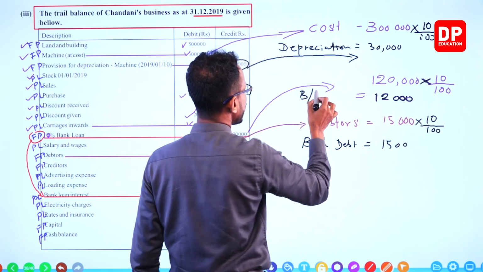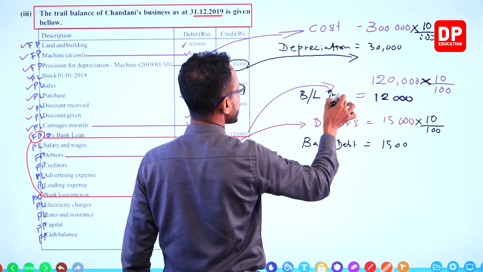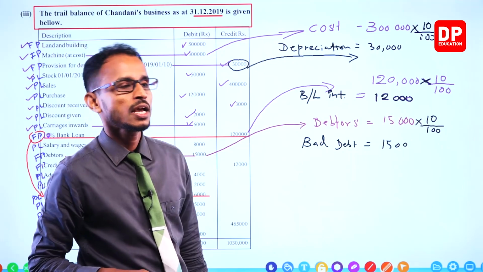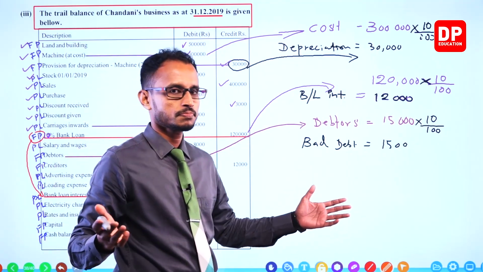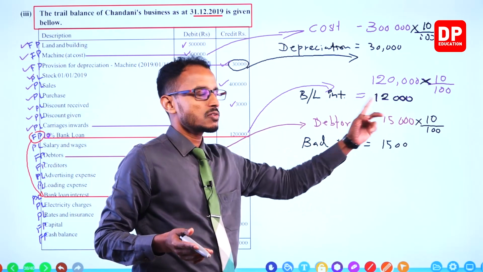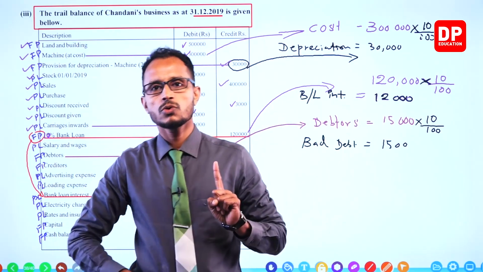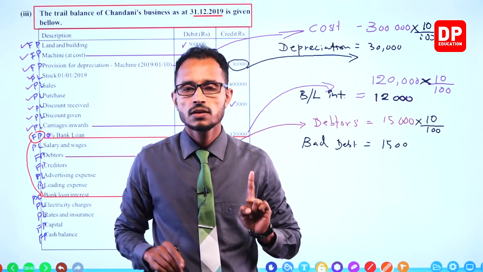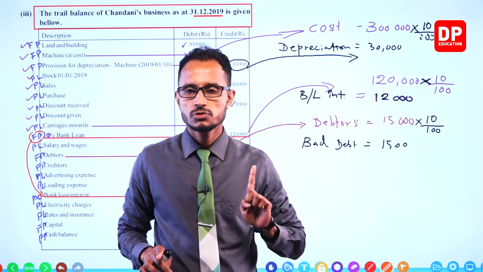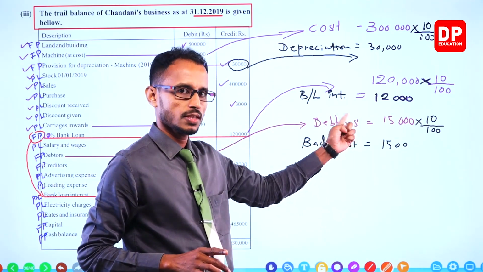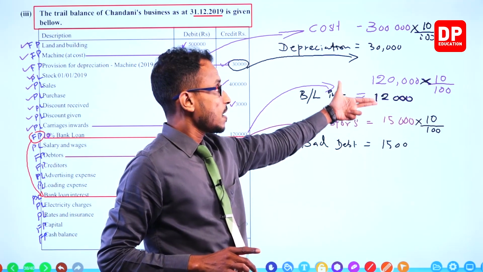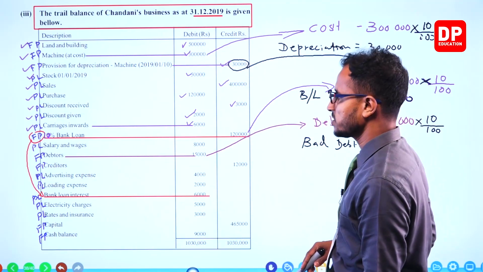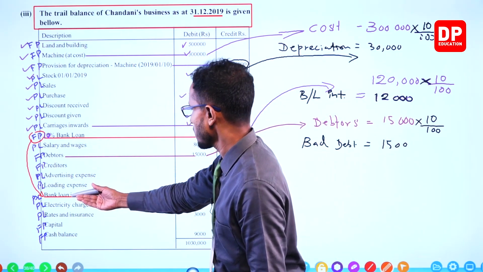Bank loan interest. This interest is the correct interest for the year. For the year, the interest is 12,000. But as you can see, there is a bank loan interest given in the trial balance too.